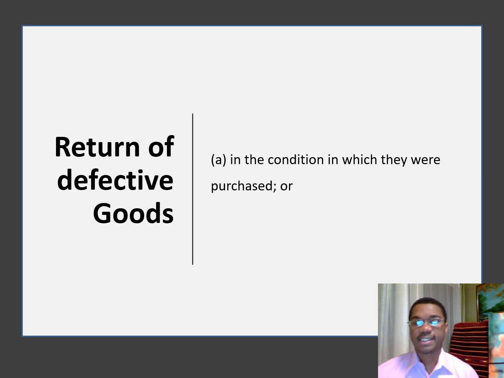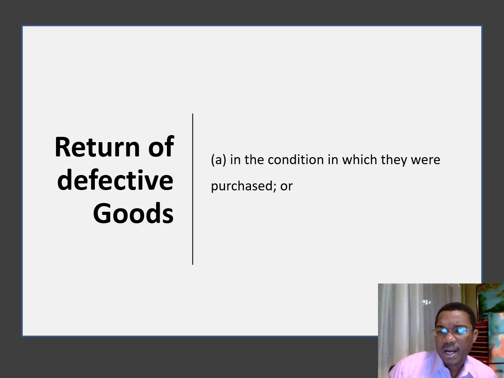So the first thing is it must be in the condition they were purchased, and you will, from your own experiences, might have had to return items you have bought, and the provider will say to the consumer that if you're returning it, you must bring it back almost as you got it.